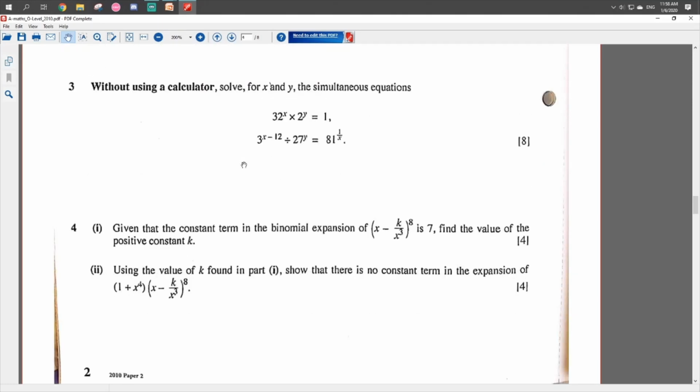Okay. Question 3. There's this simultaneous equations question. I'll write those down before I show you the board again.